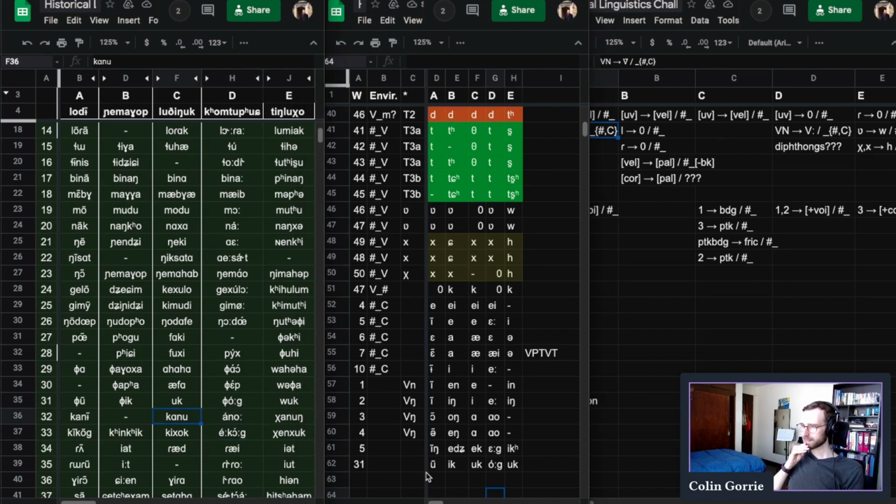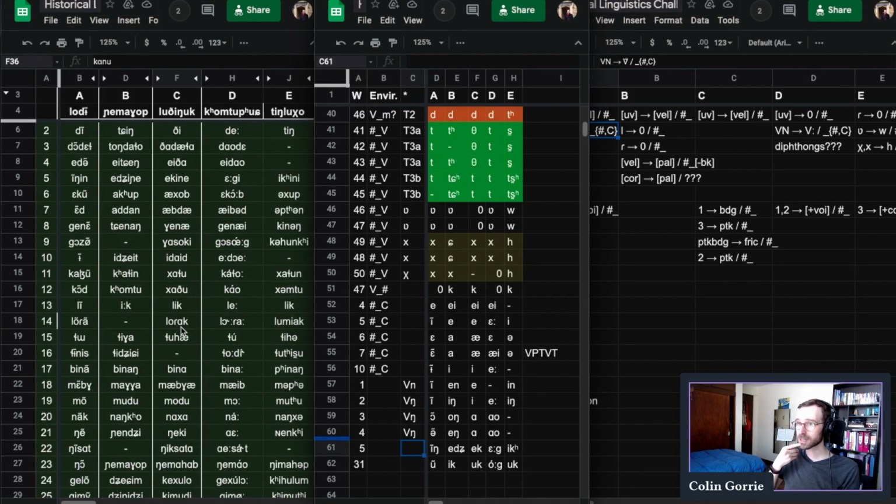Yep, that's definitely giving us some trouble. So 5 and 31 seem to be a different kind of nasalization, or at least nasalization with some different complication involved. Let's collect some more. Maybe it will become clear as we go.